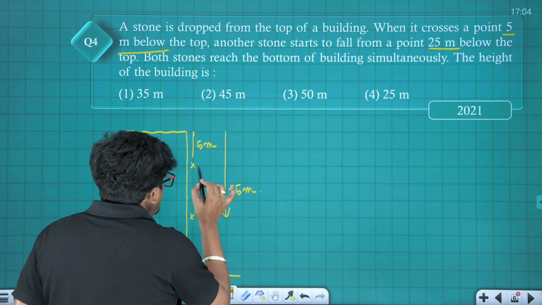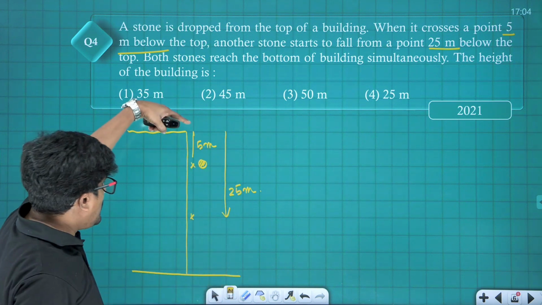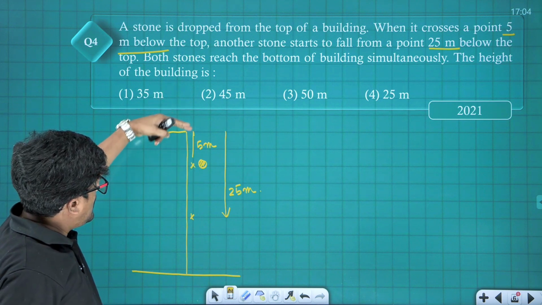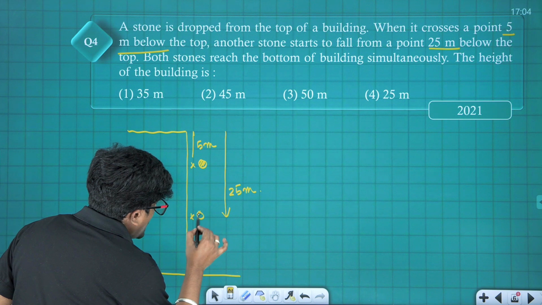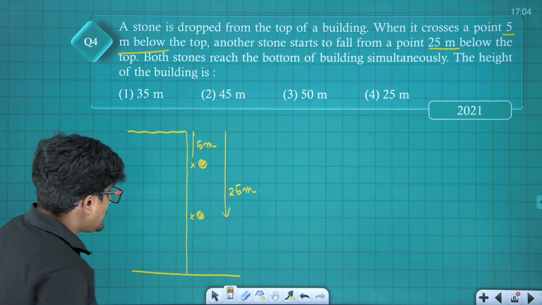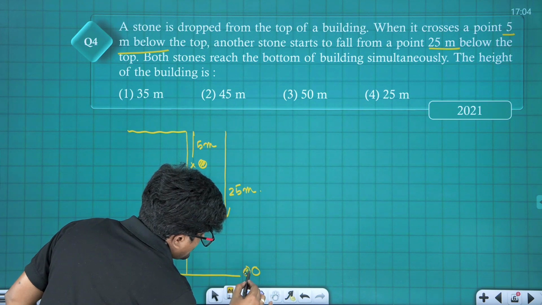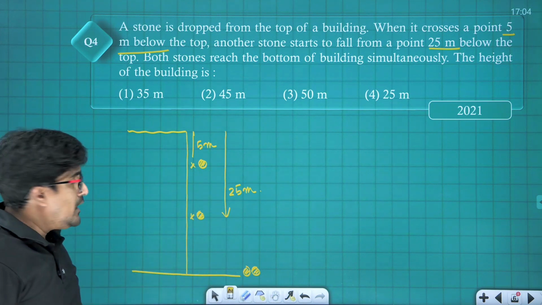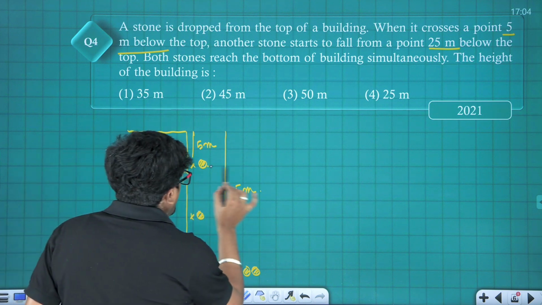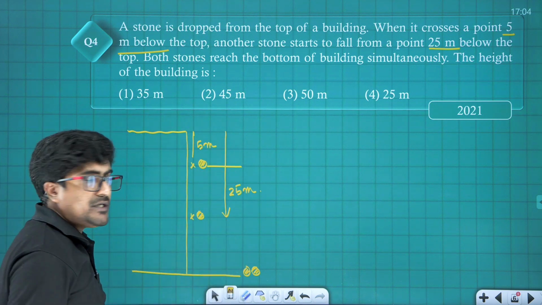Now, once the first ball is at a distance of 5 meters from the top, the second ball started leaving. And as per the question, they both reach simultaneously.